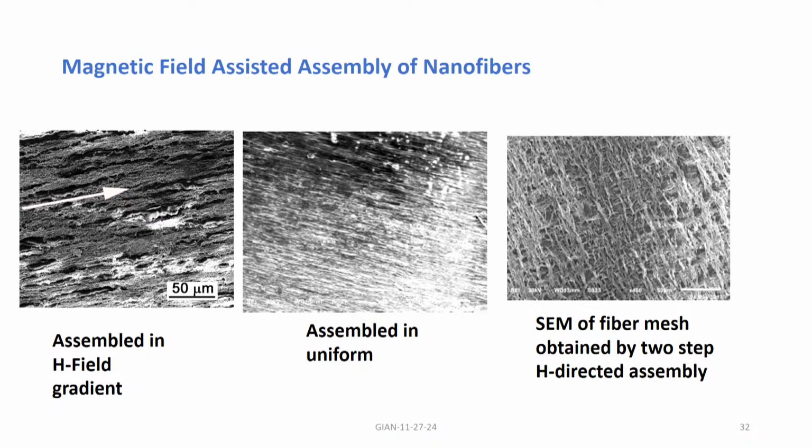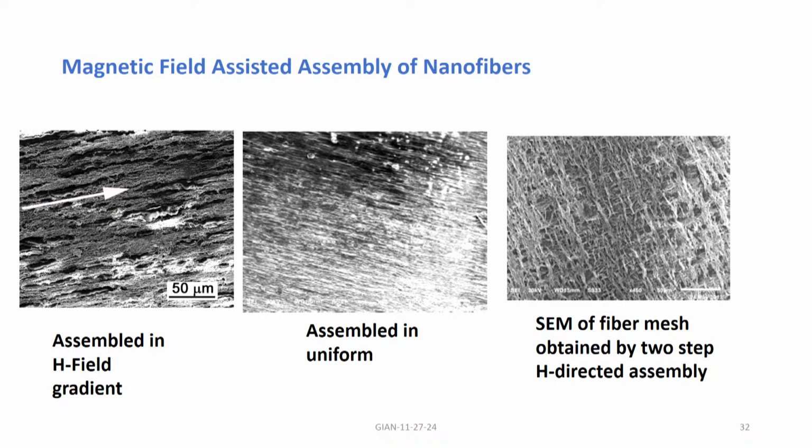In the case of a non-uniform field, the fibers will be pulled towards the region where the field gradient is maximum, whereas in the case of a uniform field, you will see the fibers aligned along the field direction. That's what you see in these two pictures. Here there are regions where a higher concentration of fibers is present. This one shows pretty uniform fibers aligned along the field direction.